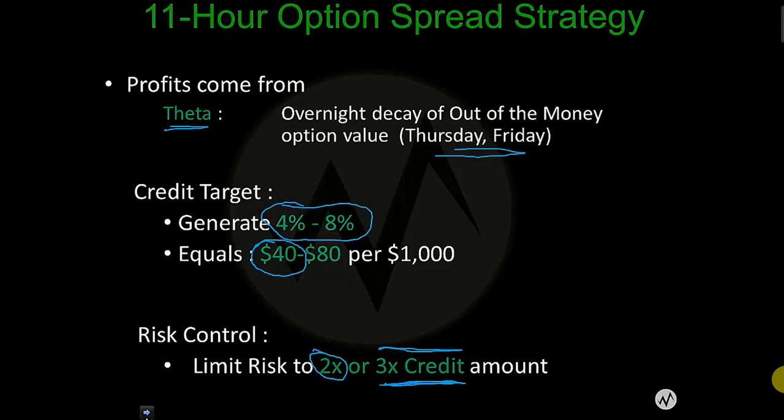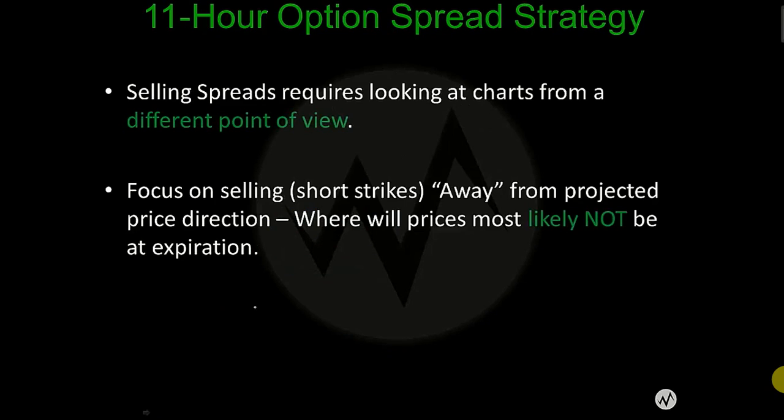Those of you that are still new to credit spreads, you just realize that most of the time you see a stock going up and you say, oh wow, that stock is going up, I want to buy. That's how you normally trade it. When you see the stock going up and you're a seller, you're thinking, the stock is going this way. Where is it likely not going to be?